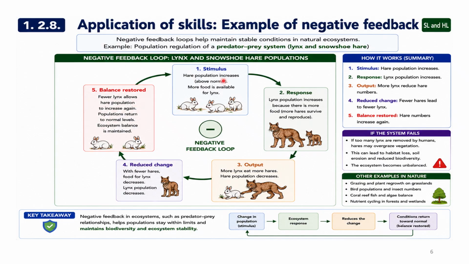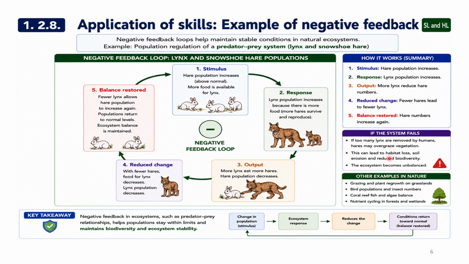This continuous cycle is a negative feedback loop because each response reduces the original change and keeps both populations within sustainable limits. If this feedback mechanism is disrupted, for example, if humans remove too many lynx, the hare population may grow uncontrollably, leading to overgrazing, habitat degradation, soil erosion, and reduced biodiversity.